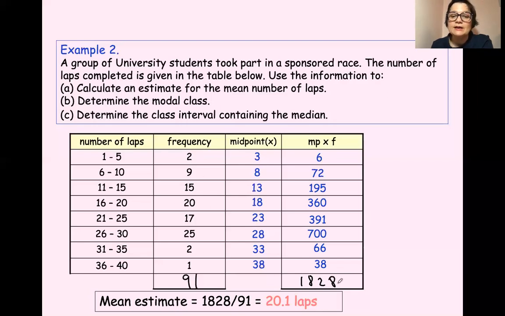And we divide them, the answer is going to be 20.1 laps. So always divide by the frequency, because it's confusing. There's different data on the table. There are 4 different columns, but you always divide by the sum of the frequency in the denominator to be able to find the average or mean from the frequency data or the grouped data.